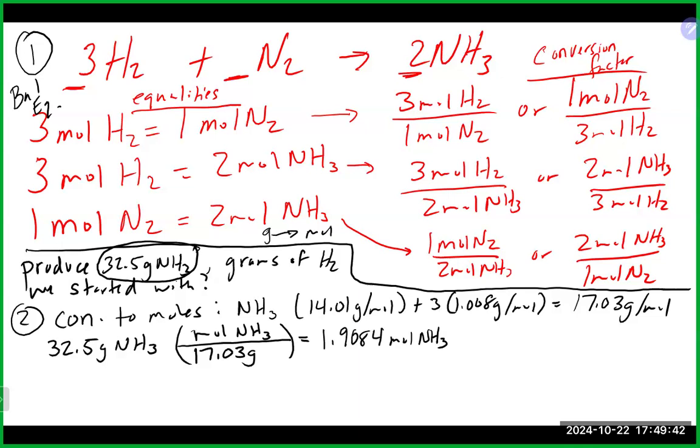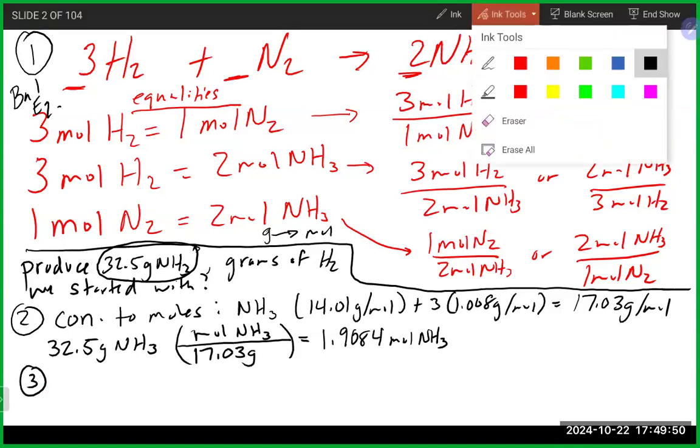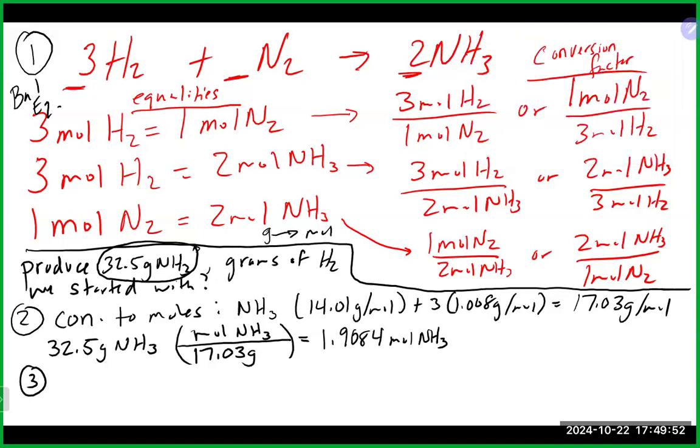Now we come to the third step in a basic stoichiometry problem, which is the big stoichiometry move. We're going to go to the balanced equation and find the 2 things we're interested in. One is what it gave us, which was the NH3. The other is what we're trying to find, which in this case is H2.